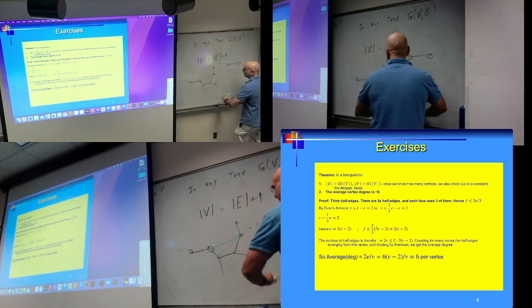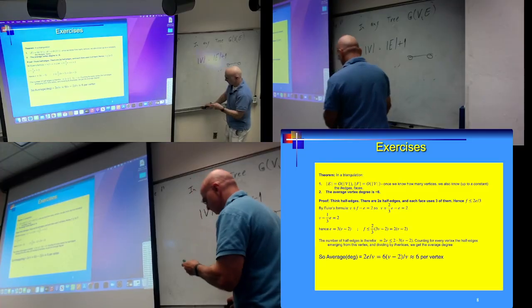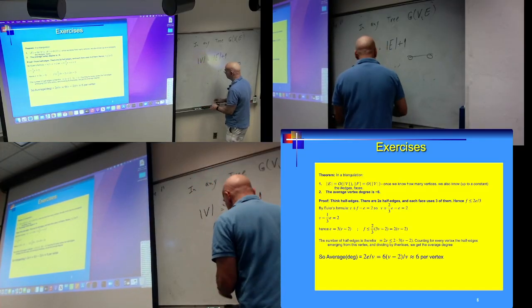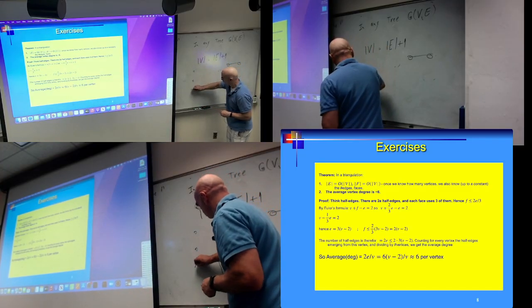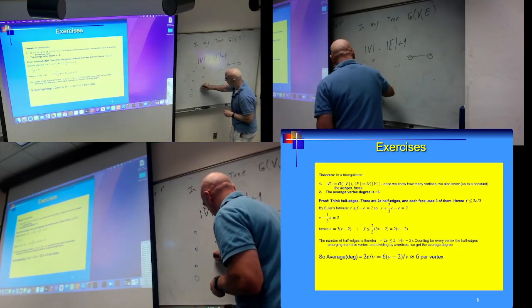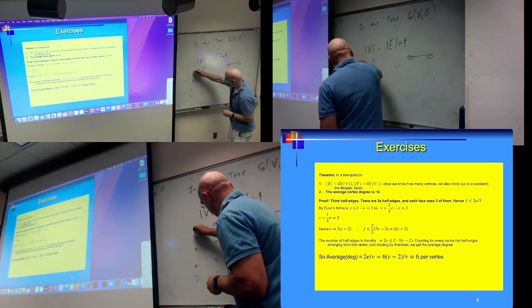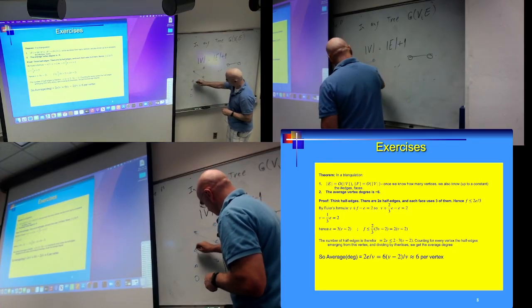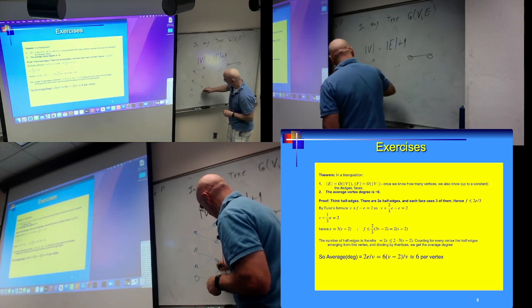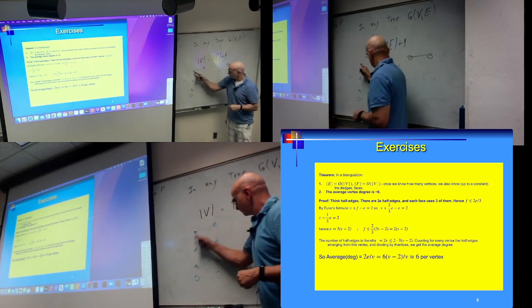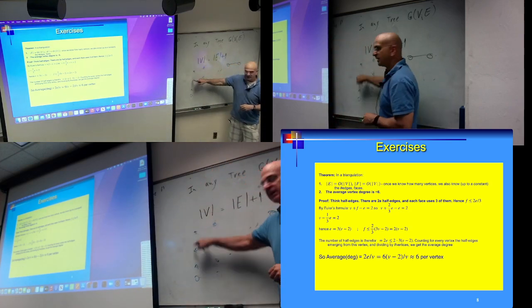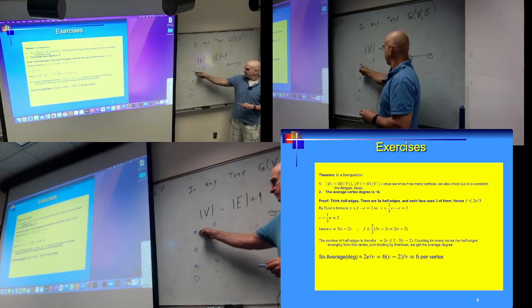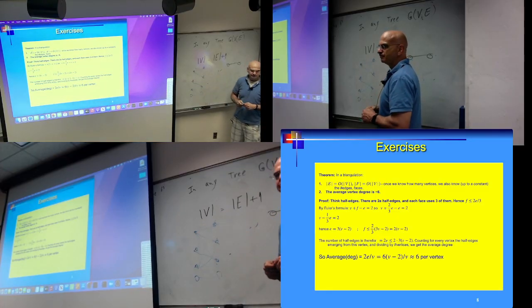I want to show you a graph. Let's say this bipartite graph, everybody is connected to everybody, the degree can be as large as they want.